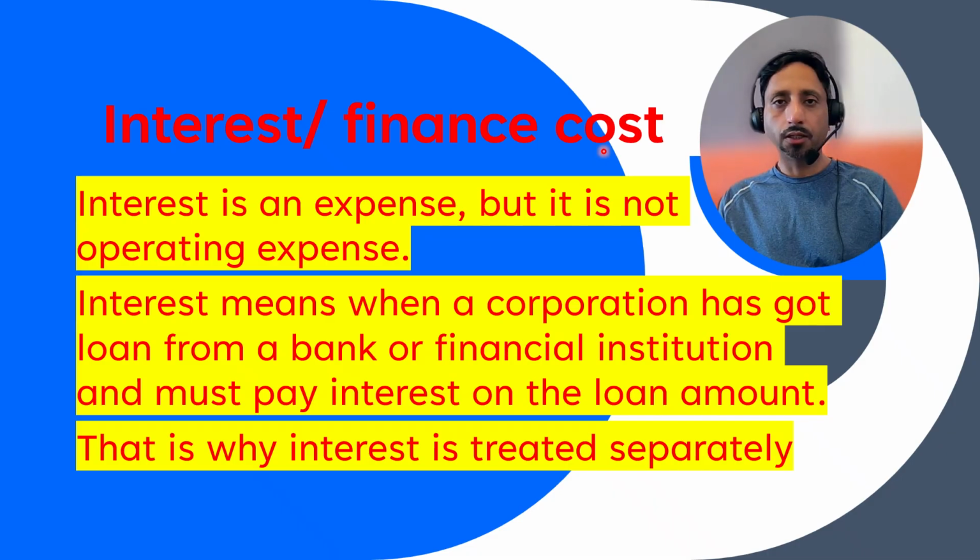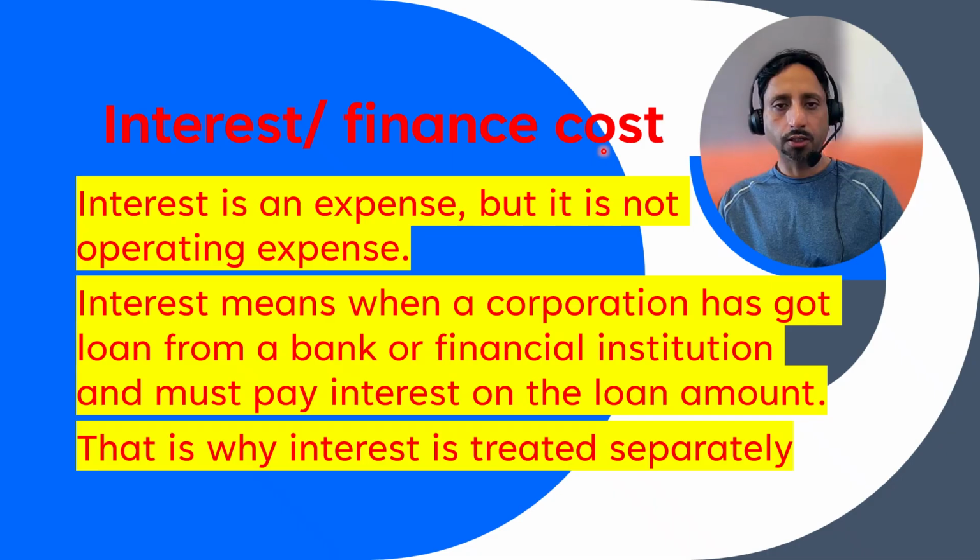So if there is interest income and then if there is interest cost, whatever is the net interest income or net interest expense, you mention over there. Normally it's interest expense. So you mention the net interest expense and you deduct from the operating profit to get another profit, which is profit before tax.